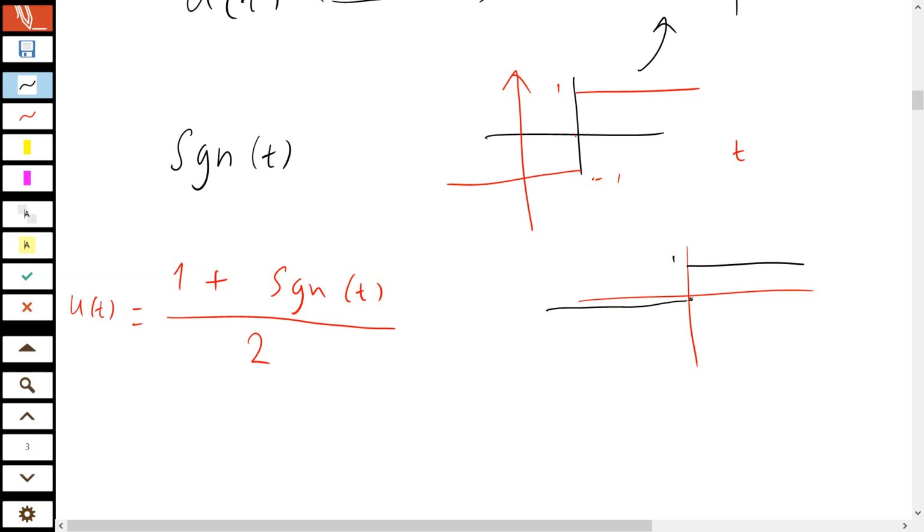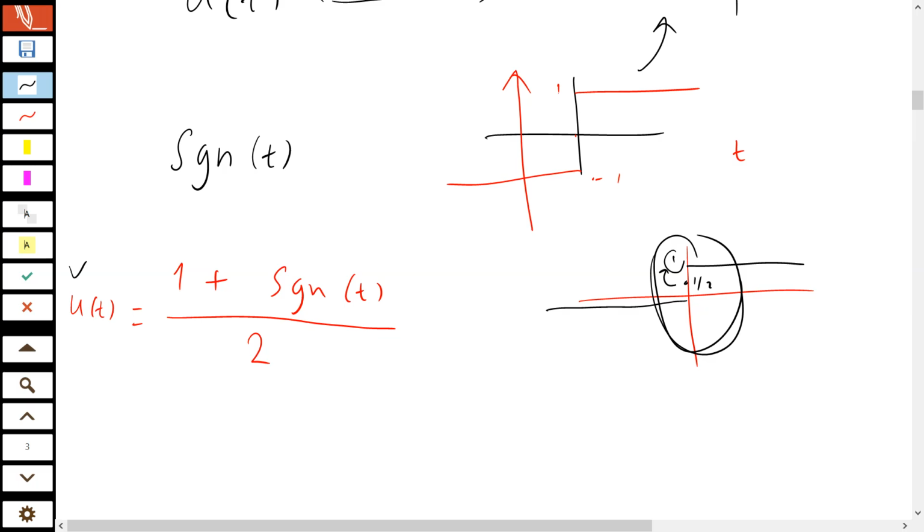The only problem is the value at 0. The value at 0 here will be 1 plus signum of 0, which is 0, so it will be half. But the way we have defined our u of t, we want to have value 1. Why does this not matter in this calculation? We don't care whether the value at 0 is 1 or half, because we will be integrating, right? In Fourier transform, we integrate, and the integral of this point will be 0 anyway, so we don't care.